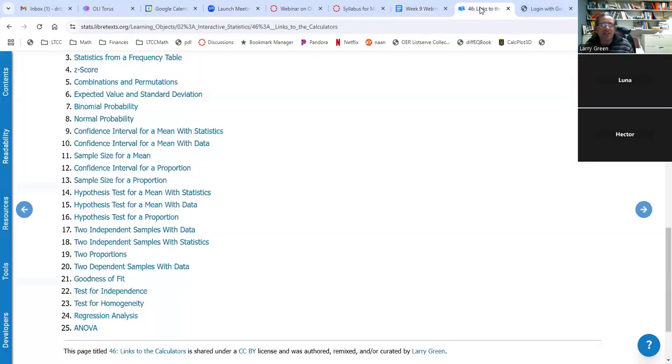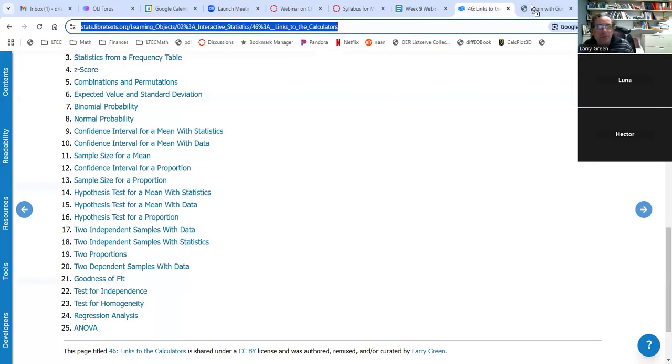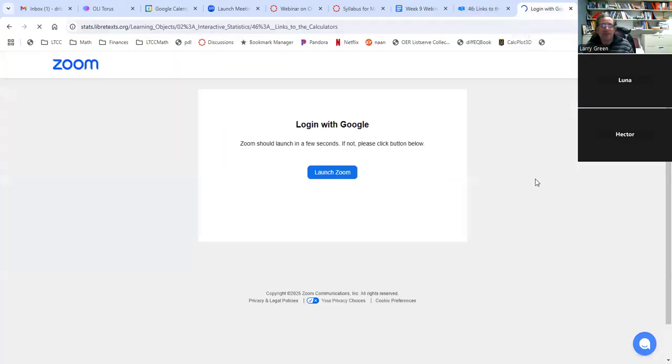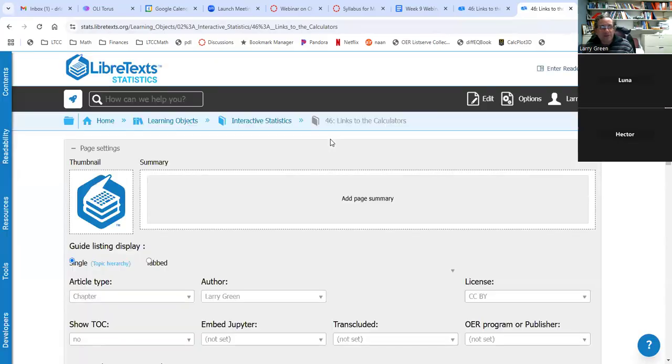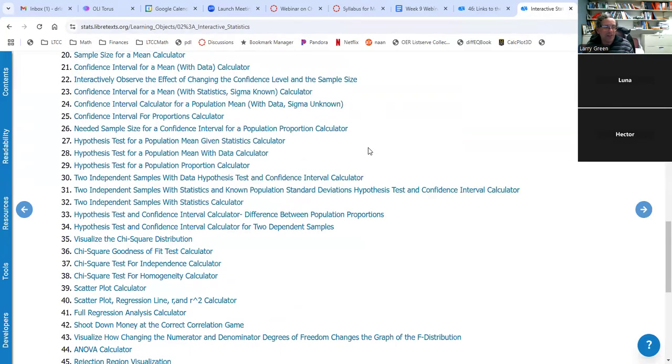I thought I'd show you one more thing. In my interactive statistics, I created a chi-squared visualization.